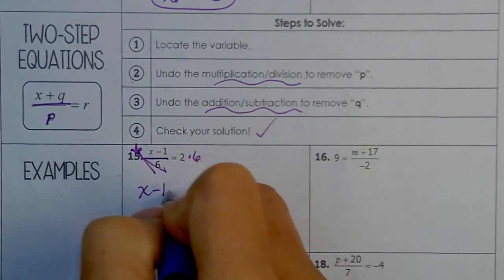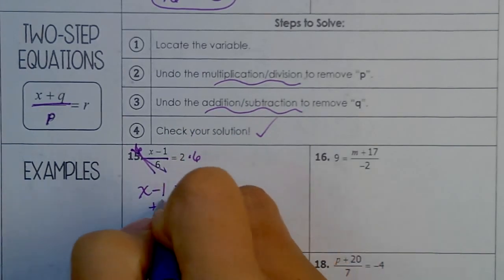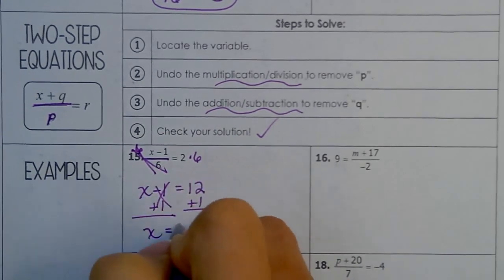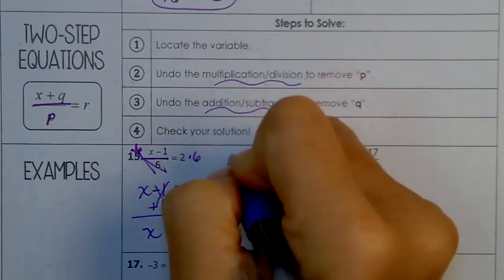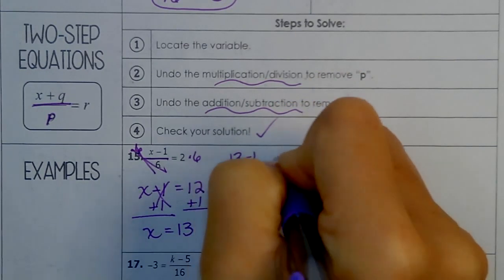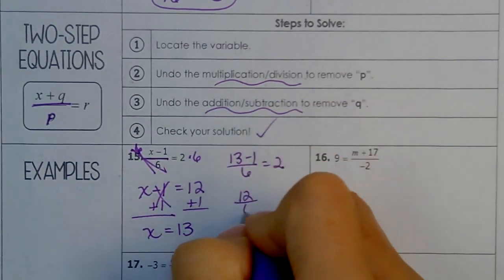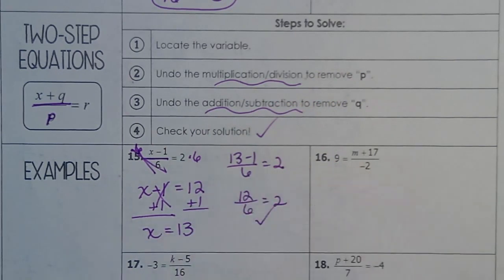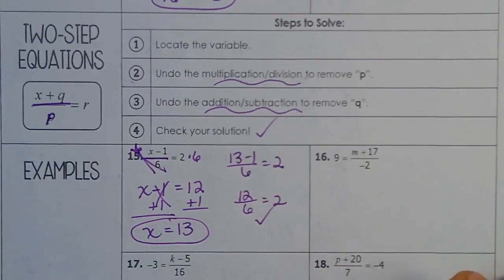I get x minus 1 equals 12. I'm going to add 1 to both sides, and x equals 13. Let's check it out. 13 minus 1, divided by 6, equals 2. 13 minus 1 is 12, and 12 divided by 6 is 2. So that is the correct solution.